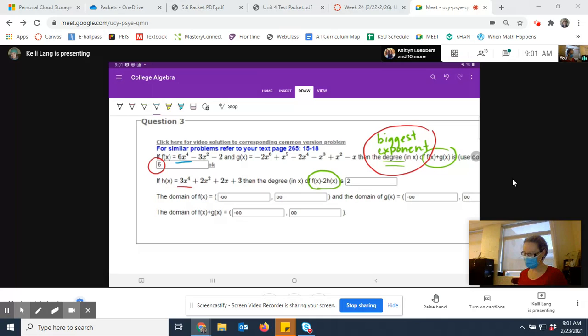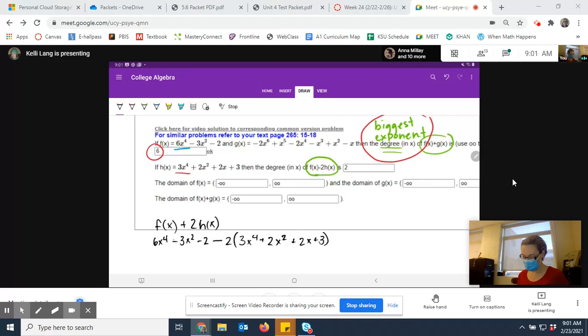If we are going to be combining f and h together in this way, though, let's write it out at the bottom. F of x minus 2h of x would be 6x to the fourth minus 3x squared minus 2, minus 2 times, and now h of x is 3x to the fourth plus 2x squared plus 2x plus 3.